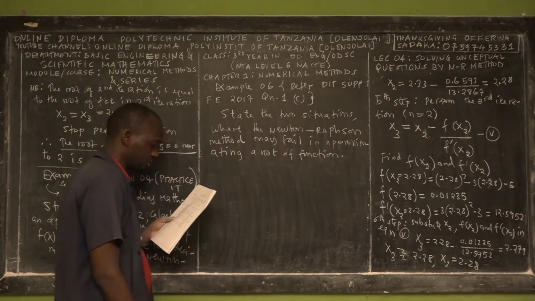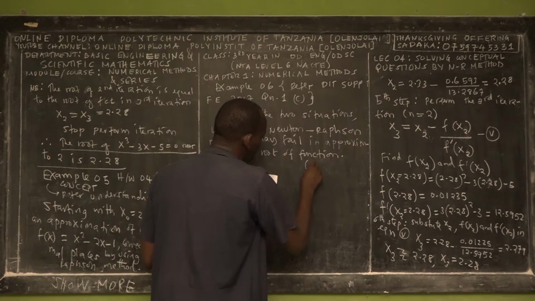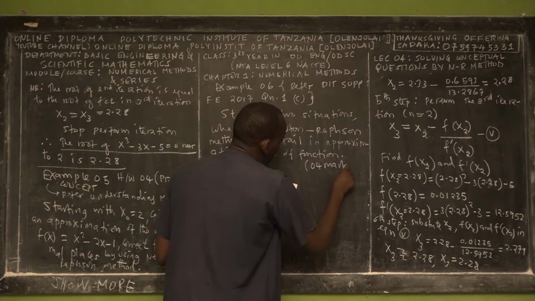A root of a function. So if you solve this problem, you have 4 marks.